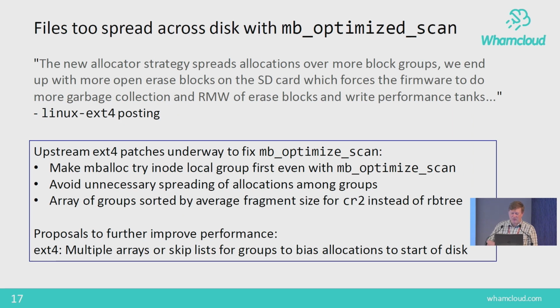And so this performance problem with the MBAlloc came up not because of huge storage like we see in Lustre, but because of very slow flash devices used in embedded handsets. They actually found the same kind of problem because they had lots of erase blocks, and the optimized scan was allocating too widely across the disk, and so that was hurting the allocation performance.